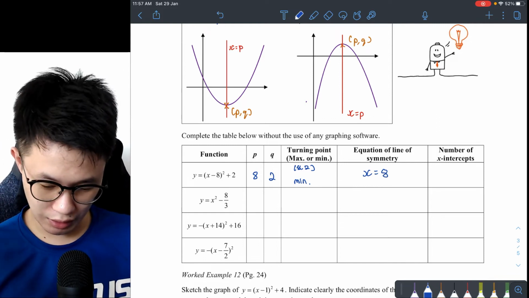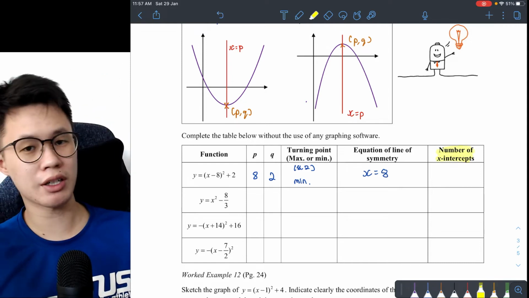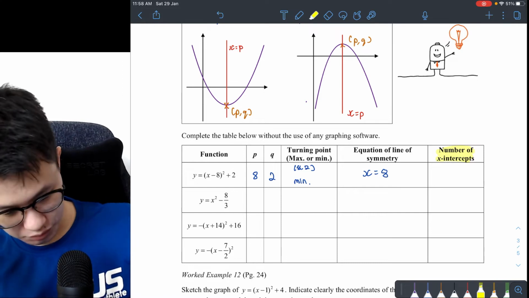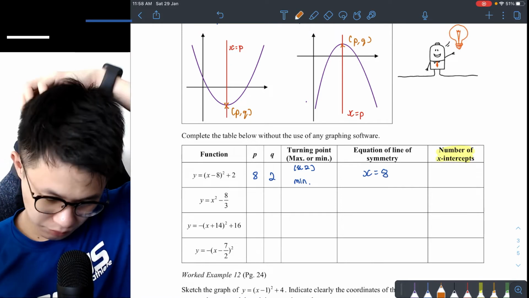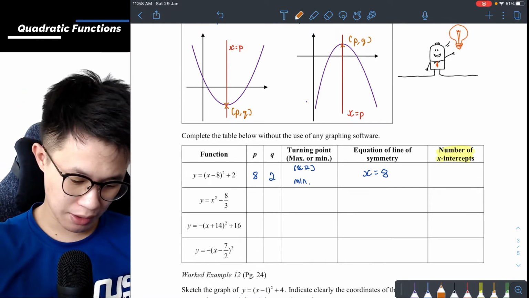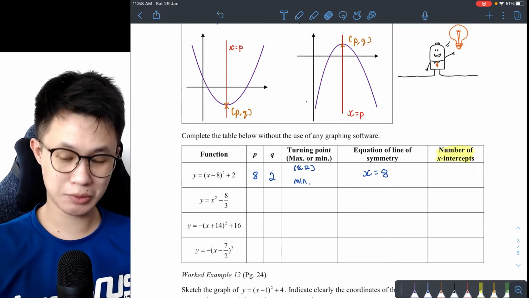Now, I will talk about the number of x-intercepts later. This requires you to understand the functions of the graph. How do we transpose them? In this case, this graph does not have any p that we can see in x plus p, but in fact, the p here is actually 0. Why is that so?